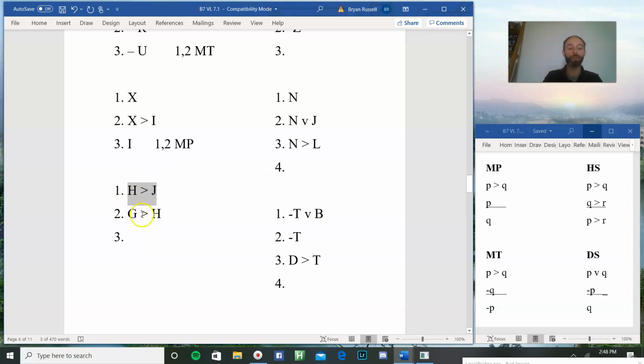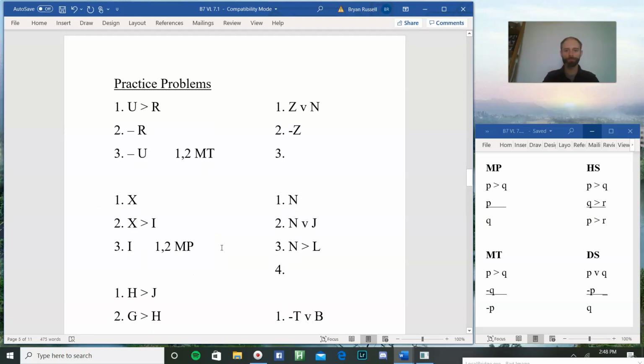So we can cut out the middleman H and go straight to if G then J. And how did we do that? We did that by 1, 2, HS. You might be wondering why we're doing 1 and 2 when those are the only two lines that were given. You'll see shortly why we need to write the line numbers for justifications.